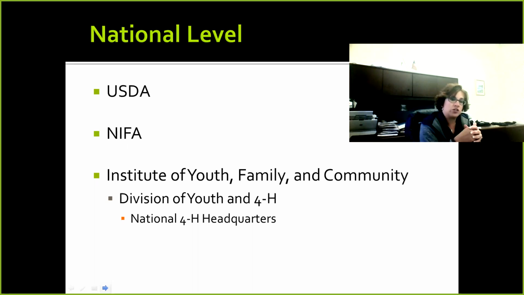Within 4-H National Headquarters, there are program leaders that provide leadership both with policy and programming. There's someone who works with healthy living. There's someone who works with citizenship and professional development and volunteer development. There's somebody that works with curriculum and policy.